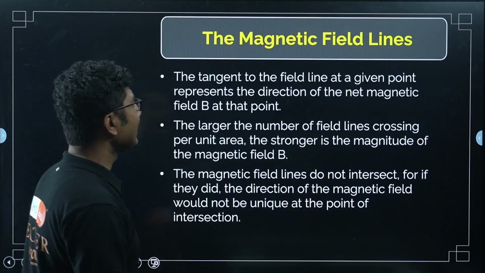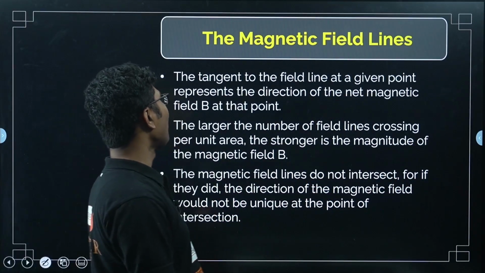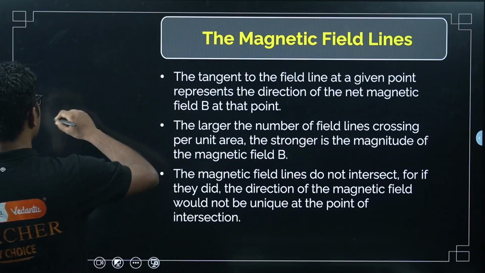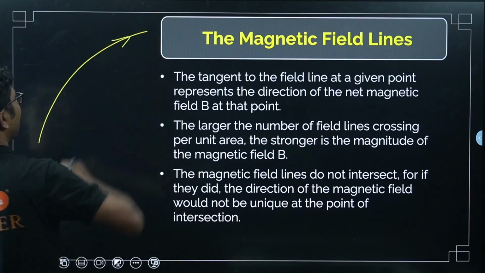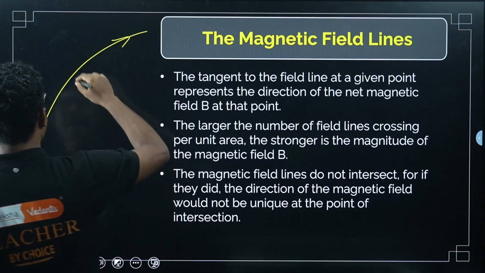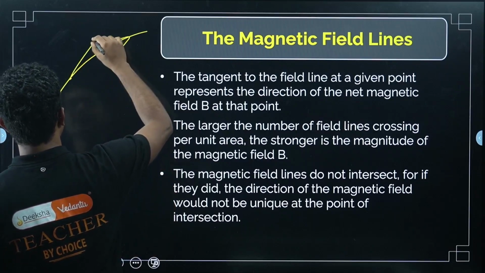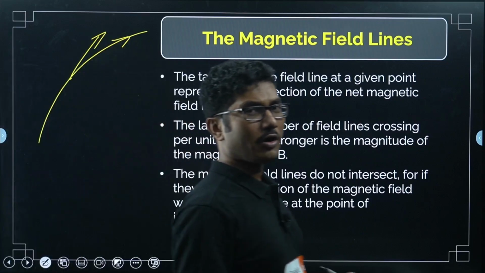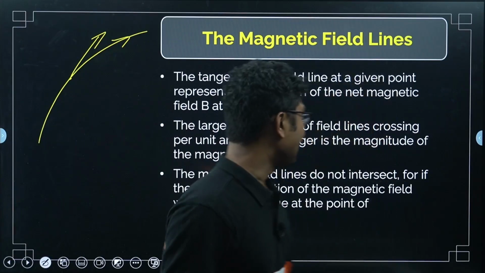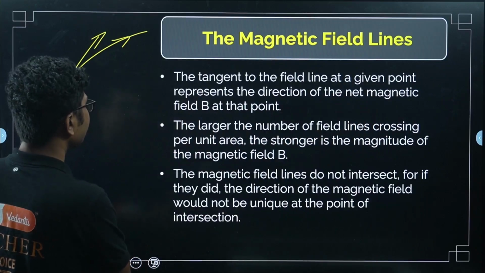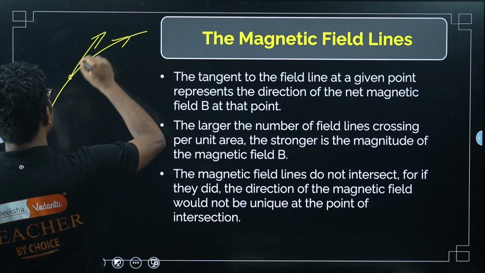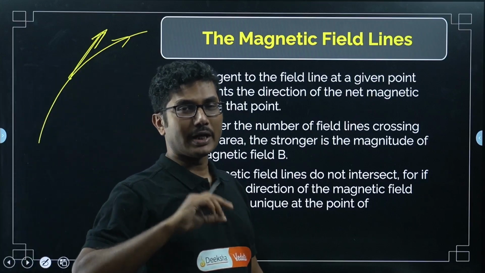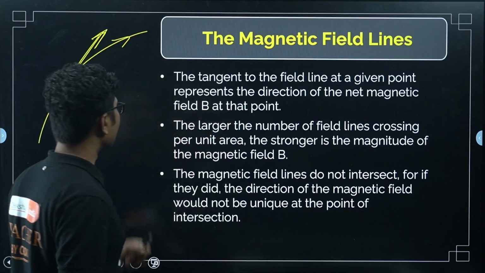The tangent to the field line at a given point represents the direction of the net magnetic field B at that point. So if I take some magnetic field line and at any point draw a tangent, that tangent will represent the direction of the magnetic field at that point. Tangent basically represents the direction, and the magnitude you can represent using the length of the tangent.